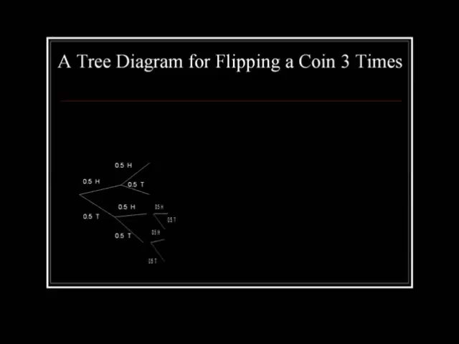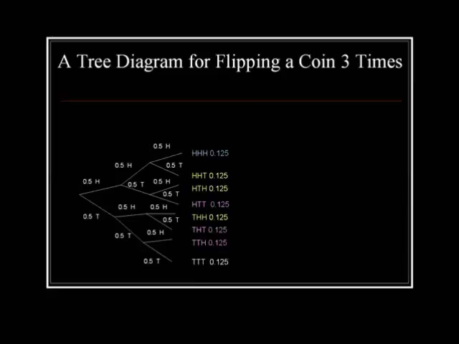So now we're going to flip the coin a third time. And so we could have, at the very top, had 3 heads in a row, followed by the next one, head, head, tail. So we're just going to follow along the branches there and summarize all the possible sequences. We could have had 3 heads in a row, 2 heads and then a tail, a head, a tail, and a head, and so on.